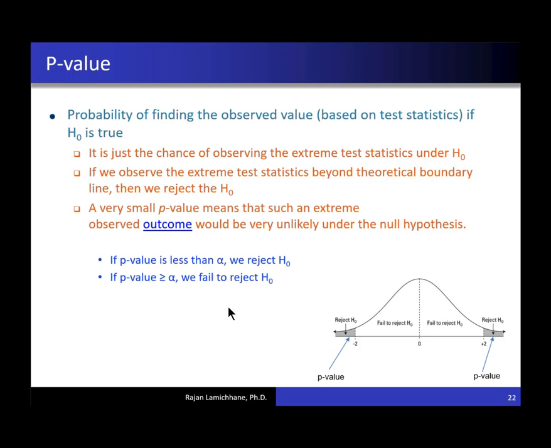As I already mentioned, by default we usually consider alpha as 5%. But if you have a very sensitive analysis and you don't want many people to get a false positive, then you could pick an alpha less than 5%, like 1% or 2%.